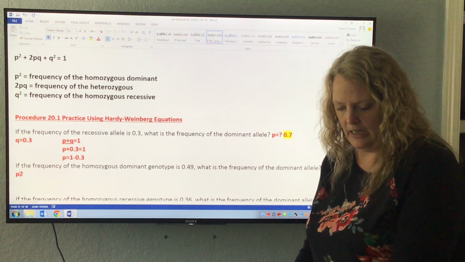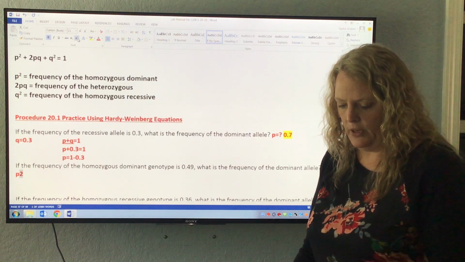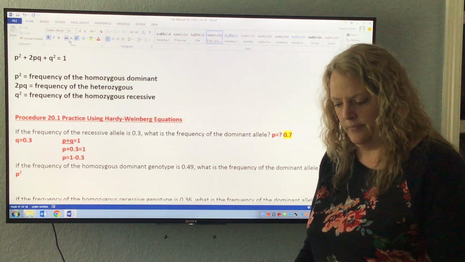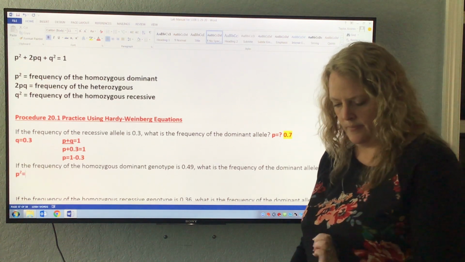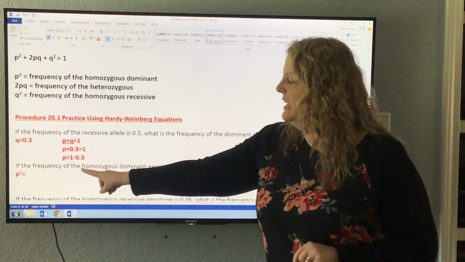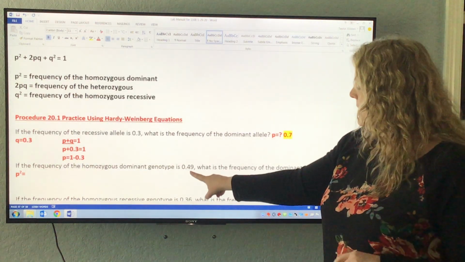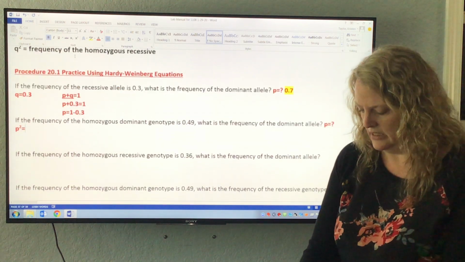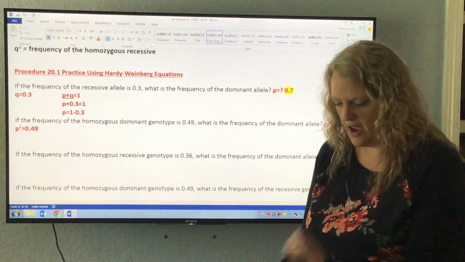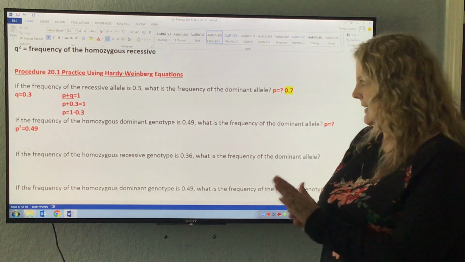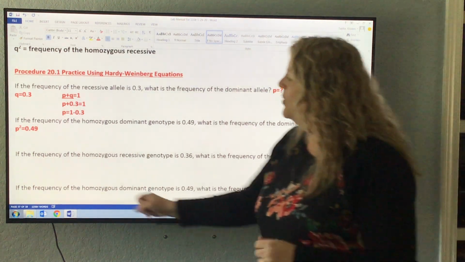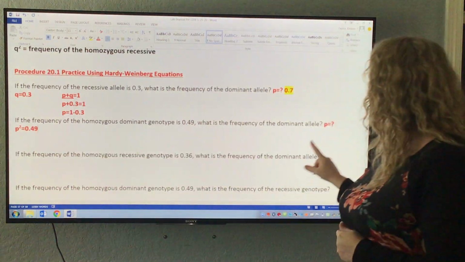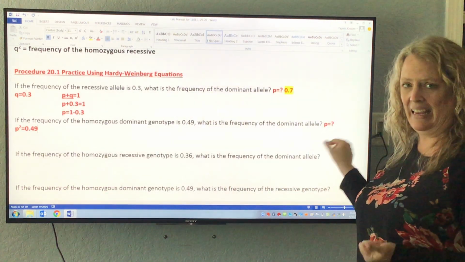Lowercase p. All right, so we're solving for P squared, and that number is given to you, 0.49. So we're going from P squared to solve for P.